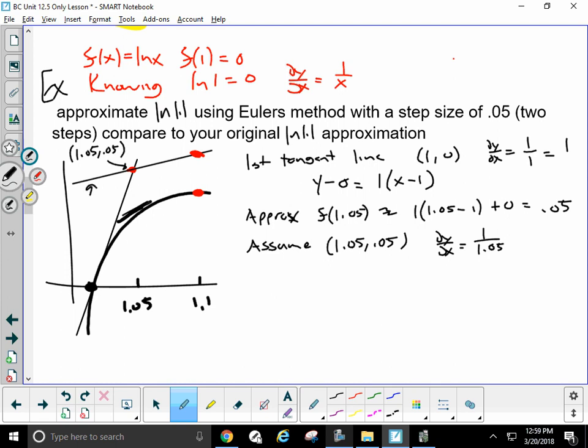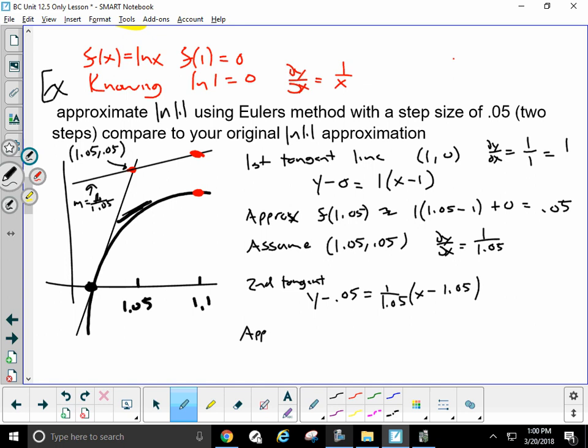So this line's slope is 1 over 1.05. That creates my second tangent line: y minus 0.05 equals 1 over 1.05 times (x minus 1.05).